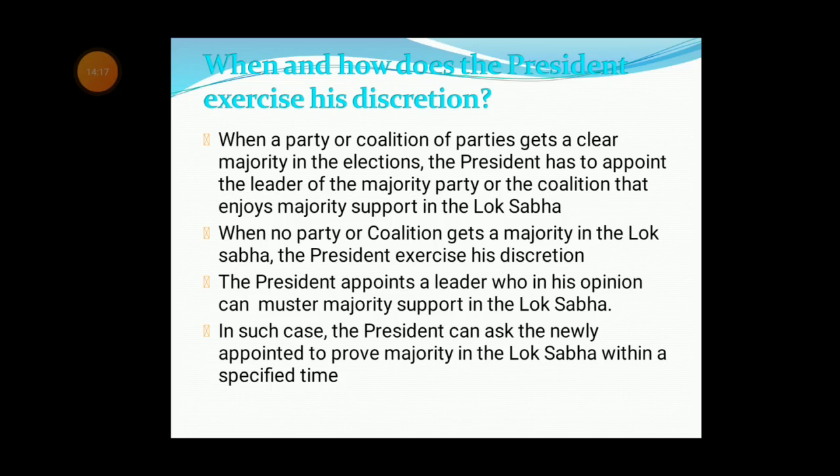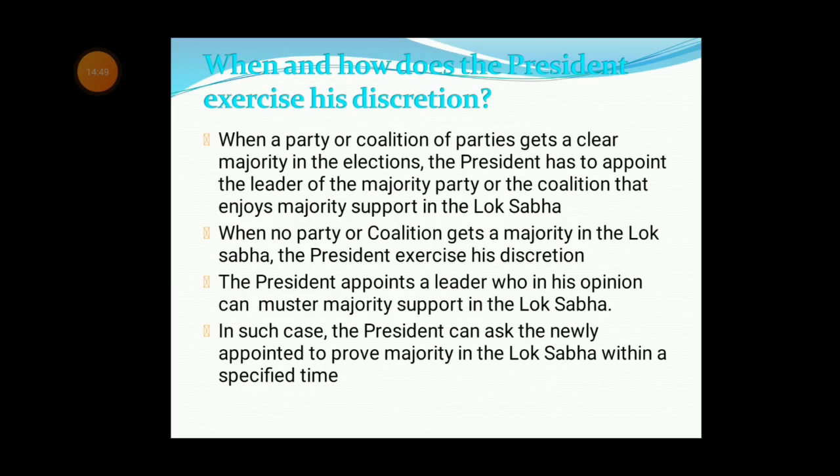So the prime minister will be appointed from the party that wins, or if it is a coalition form of government which has a majority, for example DMK and ADMK. Now we'll go into the national parties, BJP and Congress. If Congress has got 300 votes out of 600 and BJP has got more than 300, there won't be a possibility for them to select an independent person.